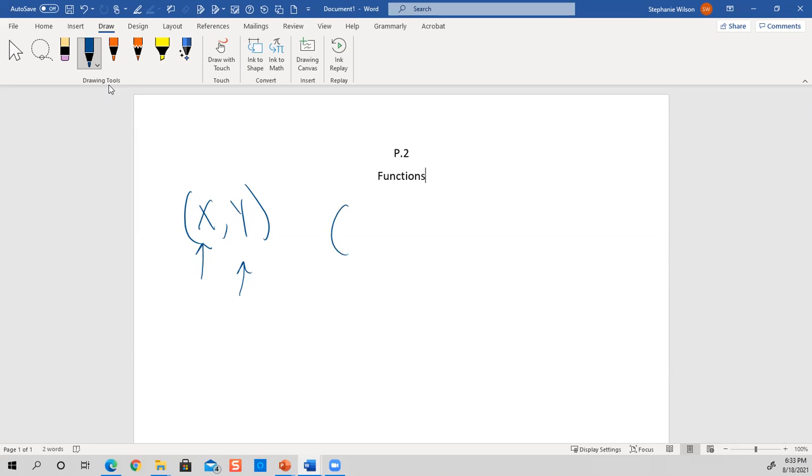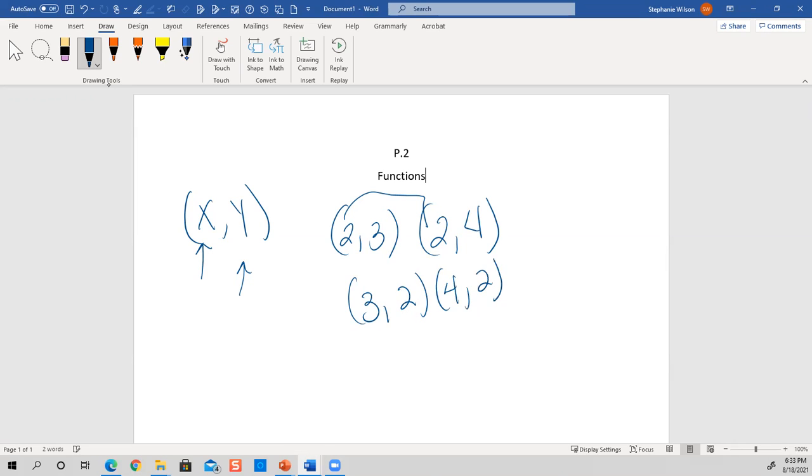For example, I cannot have 2, 3 and 2, 4 and it be a function because x repeated. However, you can have a repeated y value and it still be a function.